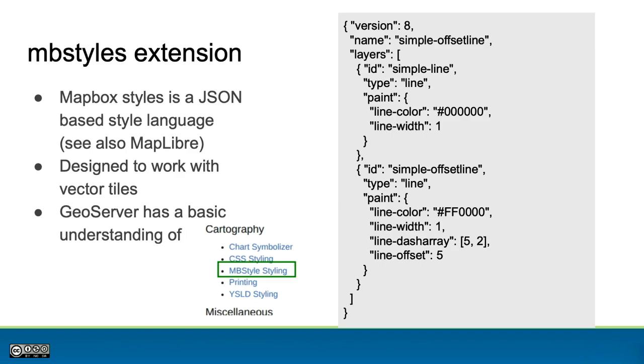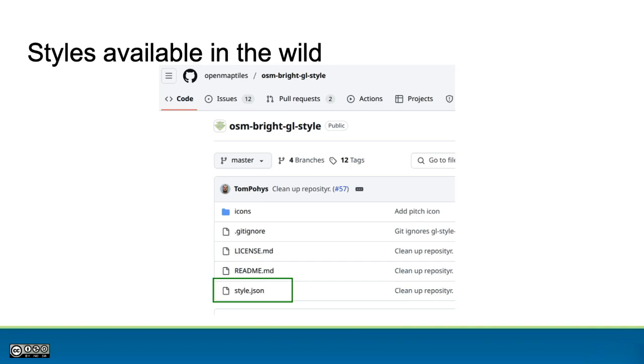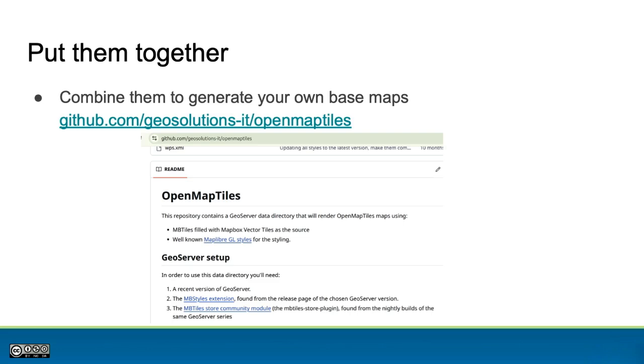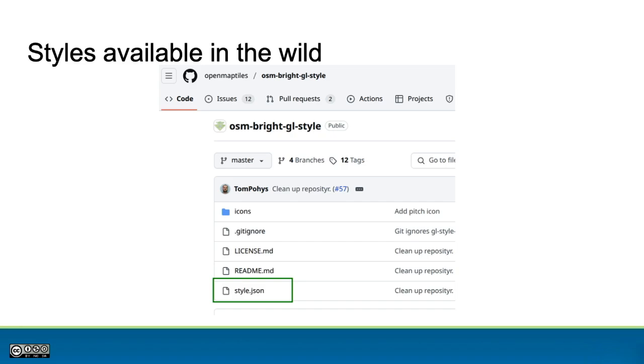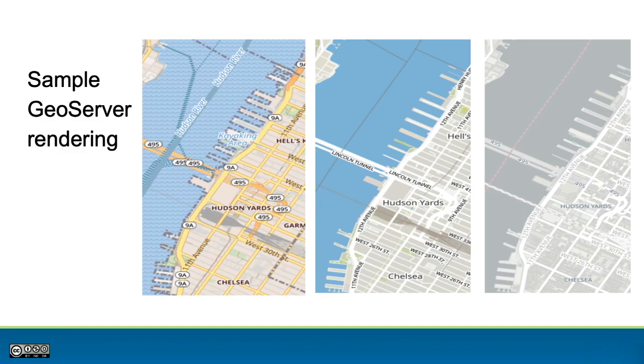Why you would do this is, well, you can download styles available in the wild, and there's a little website example here from GeoSolutions where they've got a worked example of how to configure GeoServer with one of these open map tile styles.